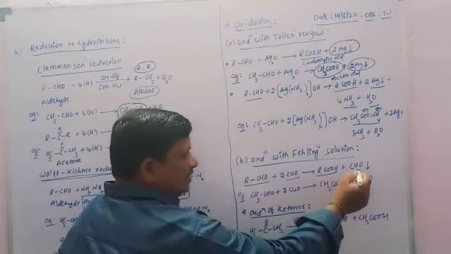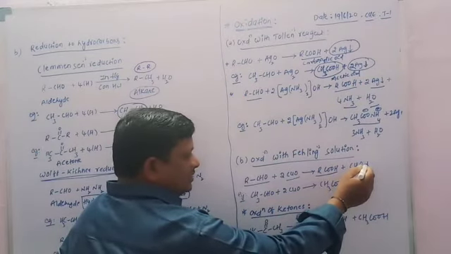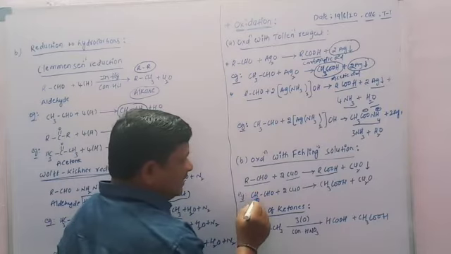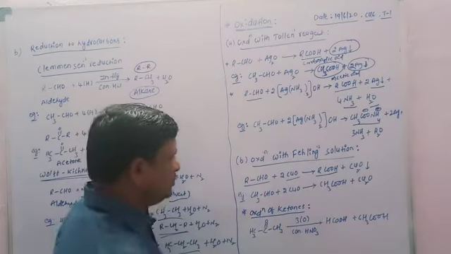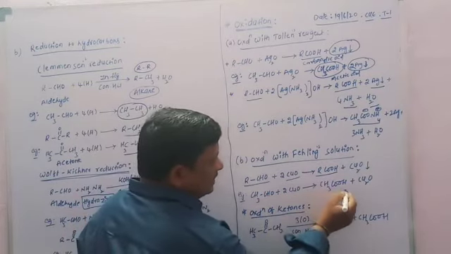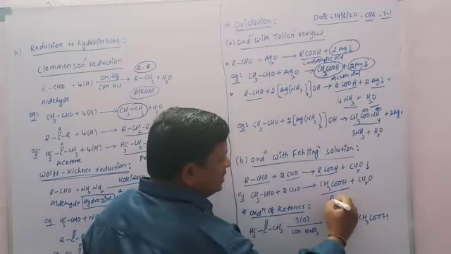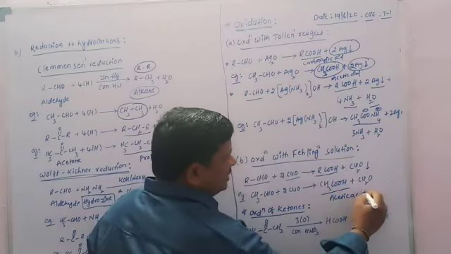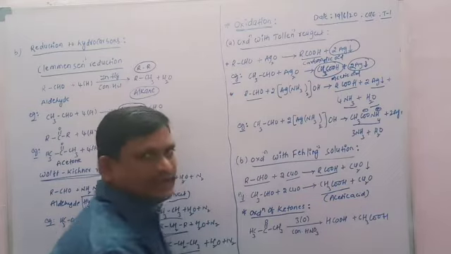Let us consider acetaldehyde CH3CHO plus 2CuO, which gives CH3COOH, a carboxylic acid. The name of the carboxylic acid is acetic acid.